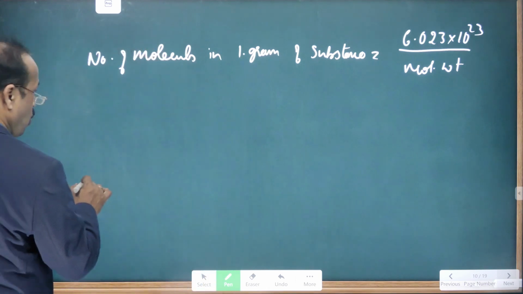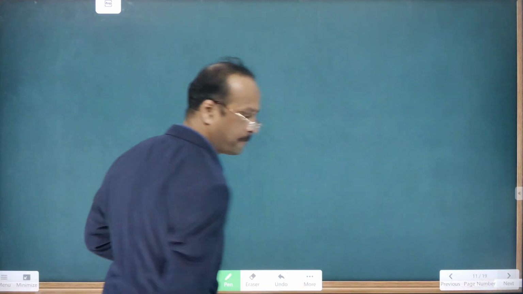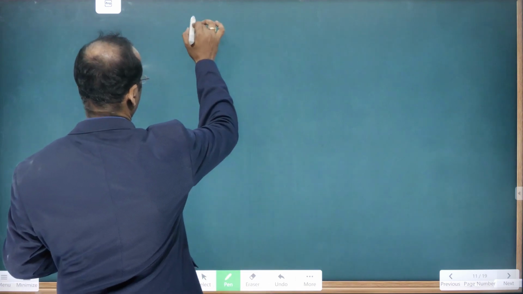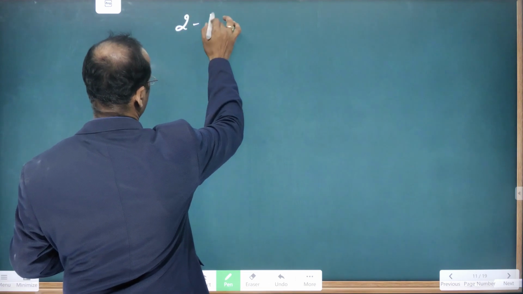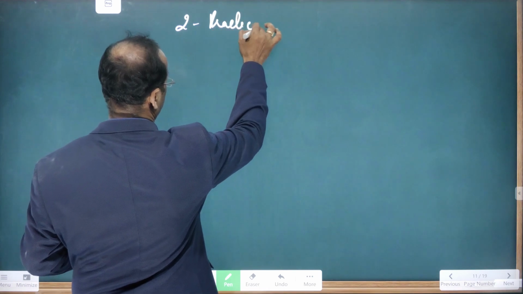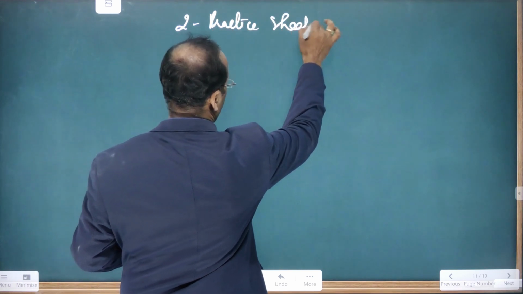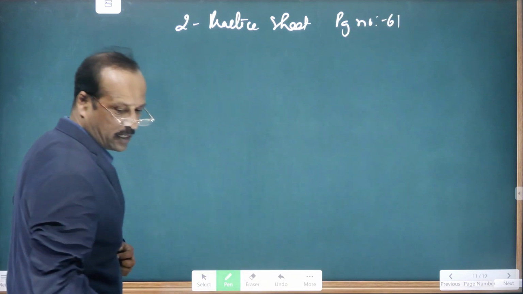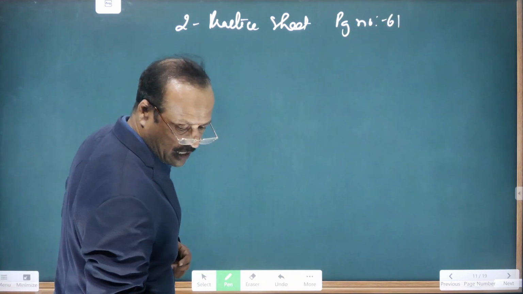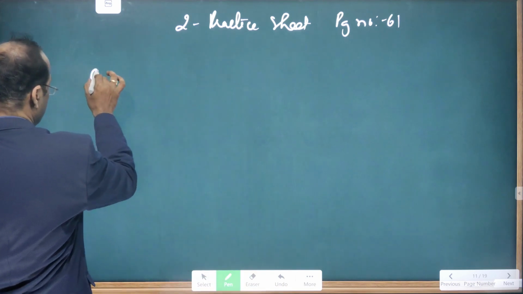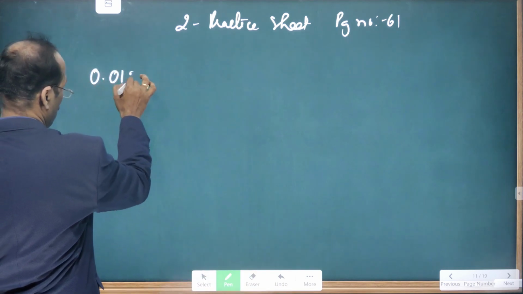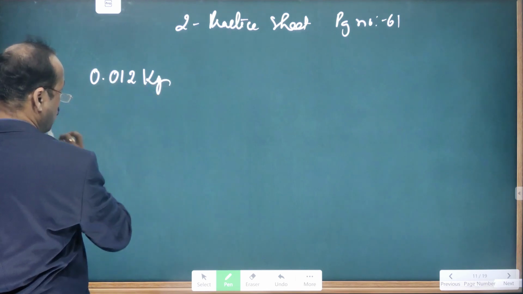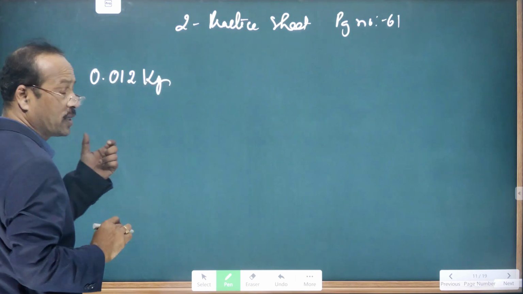So see here, practice sheet 2, concept based questions, page number 61. 0.012 kilogram means what?